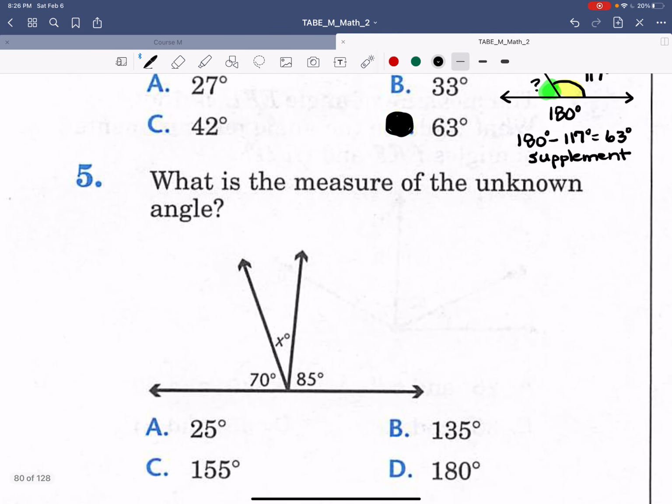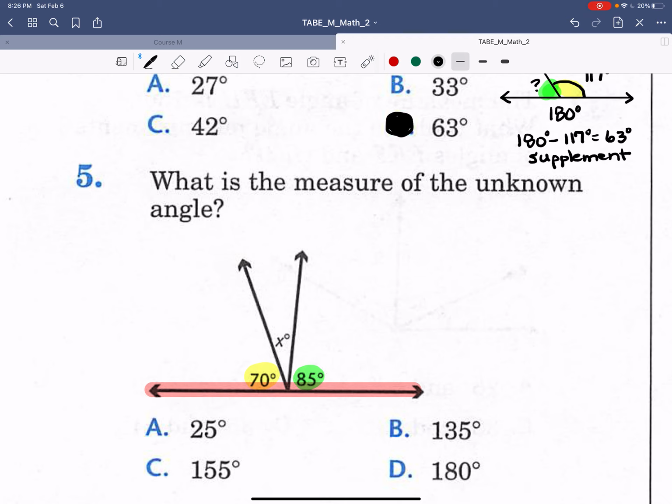Number 5. What is the measure of the unknown angle? Well, I have a straight angle, and then I have a 70 degrees, and I have an 85 degrees, and then I have the unknown.